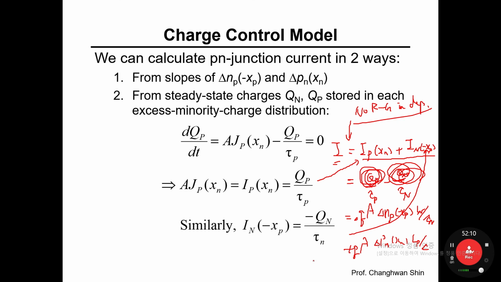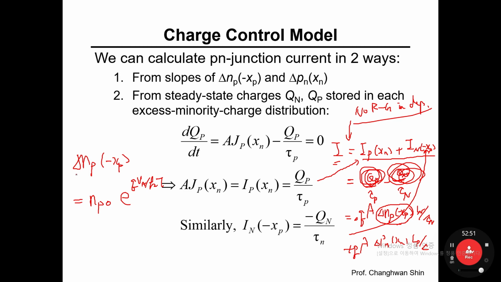Then you're going to think about this value, the initial excess electron concentration, delta Np at minus xp. What was this? Yes, Np naught times exponential qVA over kT. If you cannot remember what this equation is, please go back to the whole steps for the ideal diode equation.